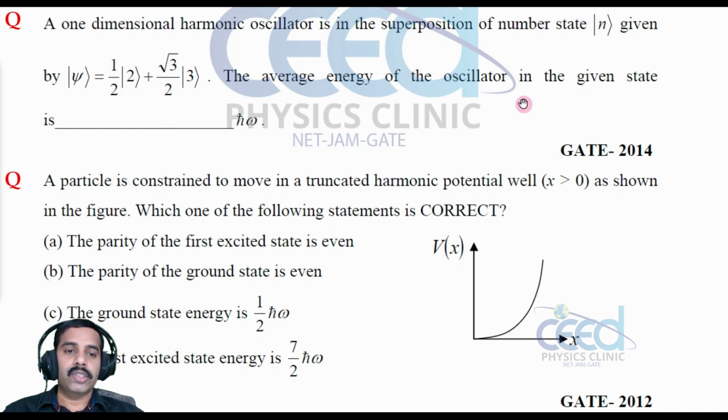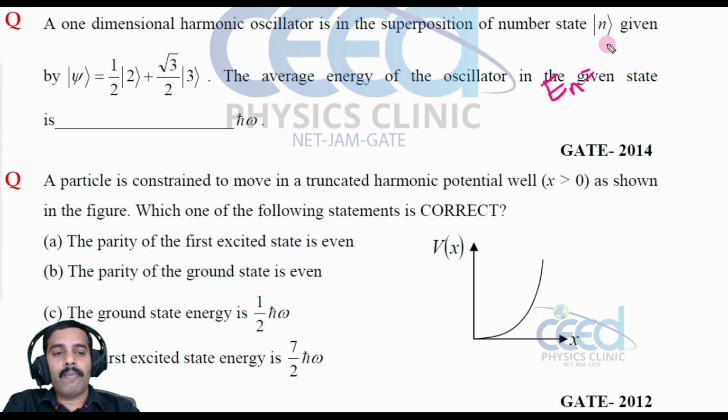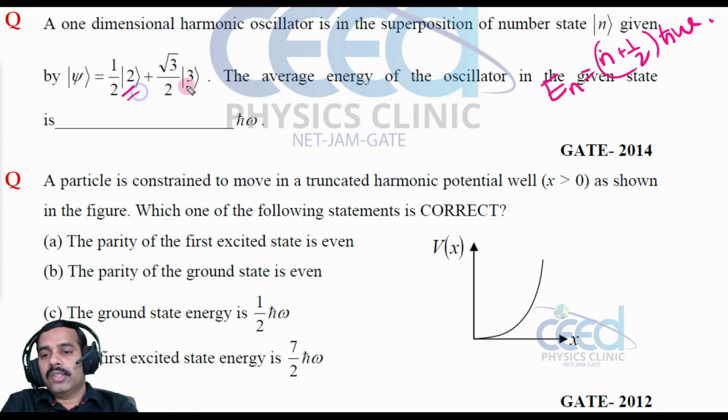The average energy of the oscillator in the given state is, it is a one-dimensional harmonic oscillator, right? So the energy eigenvalue is n plus 1 by 2 into h cross omega. One is state 2 and the other is state 3.